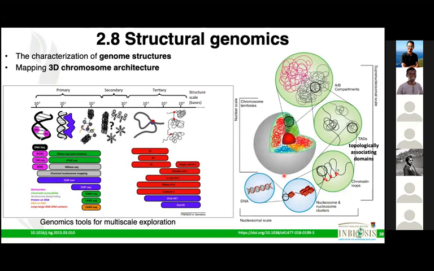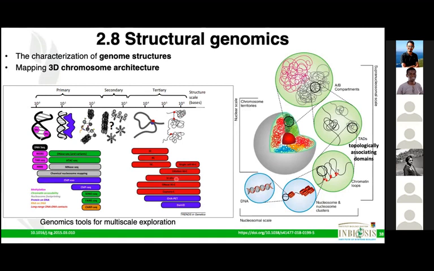Okay, so number 8, the structural genomics that I mentioned: you can actually study genomes at different levels, from the DNA resolution up to the compartmentalization of the chromosome, using different techniques. If you are interested, you can look up this review for an explanation of Hi-C sequencing and so on. It deals with mapping the 3D genome architecture and studying whether this genome structure affects the phenotypes or not.